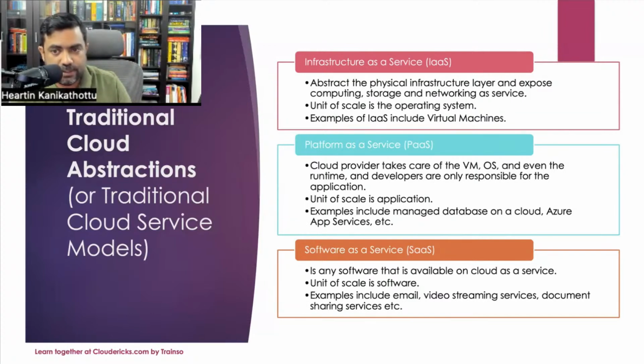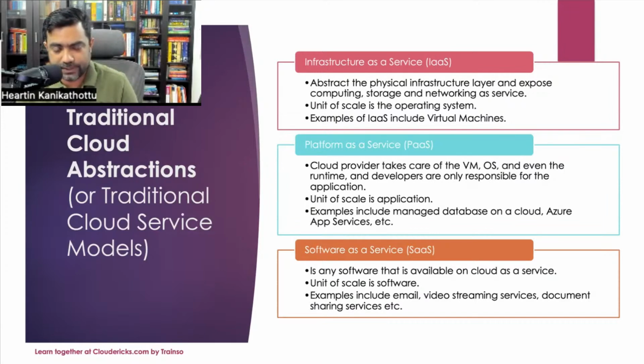So that is where the next evolution came, which is a platform as a service or PaaS. So here, our cloud provider will take care of the virtual machine, operating system, the runtime, and the developers are only responsible for the application. So when we learn about Azure App Services or similar things on the AWS side, we will see that we have options to select what operating system we are going to use and what runtime.